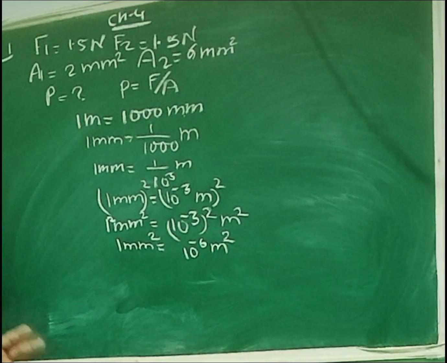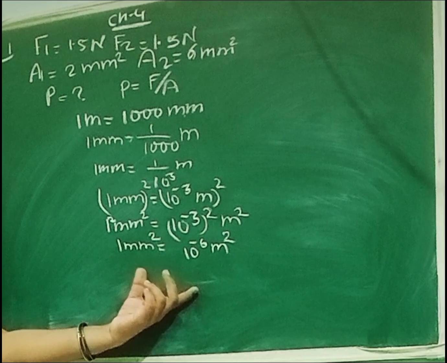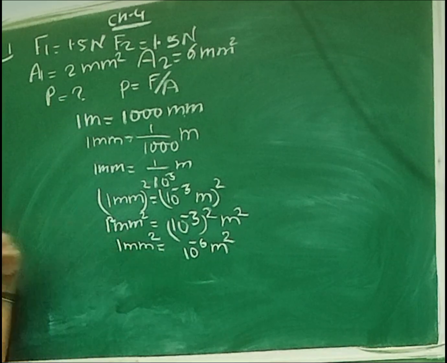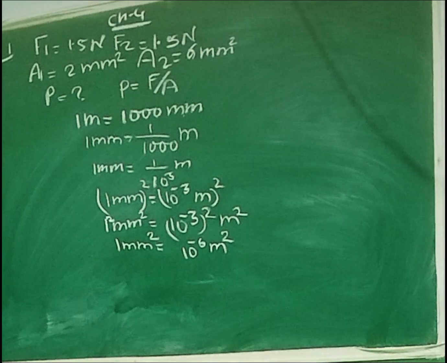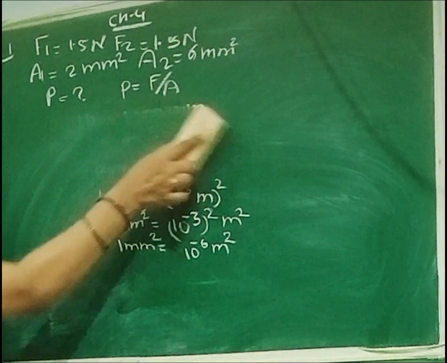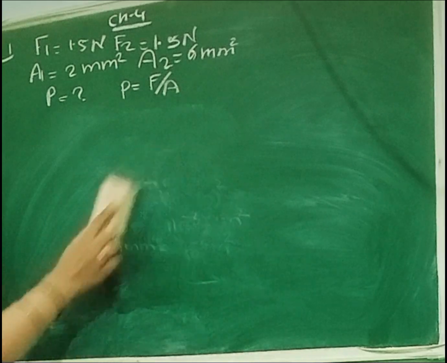So you have two options. Either you can learn this value or you know this method to how to convert it. It is up to you how you want to learn it. Okay. So now we know that 1 millimeter square is equal to 10 to the power minus 6 meter square. We will just put the value in the formula and get the answer.